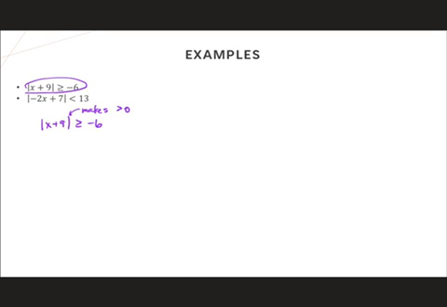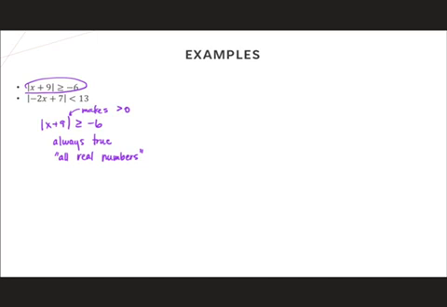The absolute value is by itself, and the number on the other side is negative. So that means this is always true, and it doesn't matter what x value I plug in. We would say you can use all real numbers.